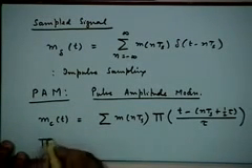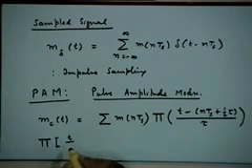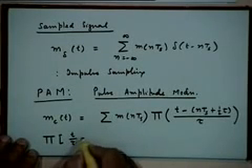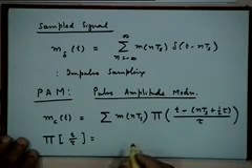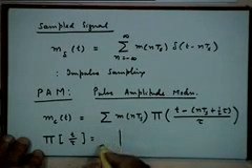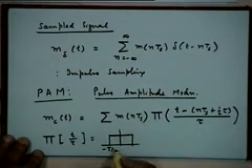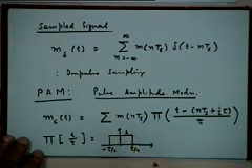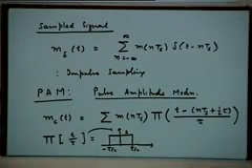So, let me explain this notation. Pi(t/tau) is essentially this kind of a function. This is a plot of Pi(t/tau), right?